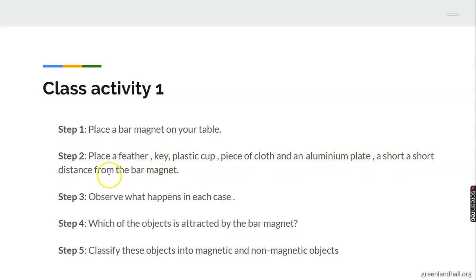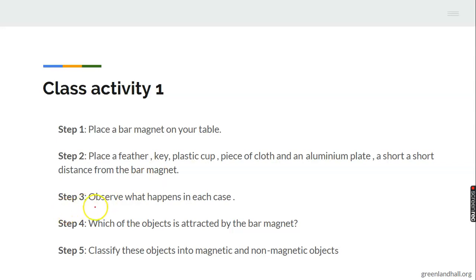You have to place all these things one by one a short distance from that bar magnet you put on the table. We talk about there being a force field around the magnet. You don't need to put it on the magnet, really. Just let it be a bit closer, within the neighboring distance that you feel it can attract it.